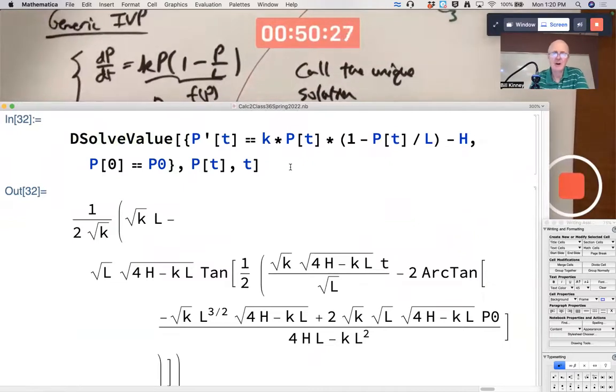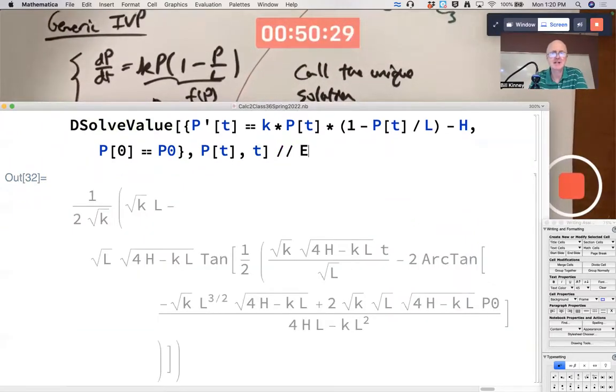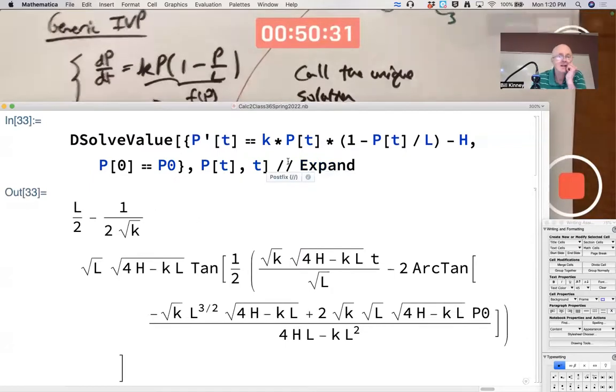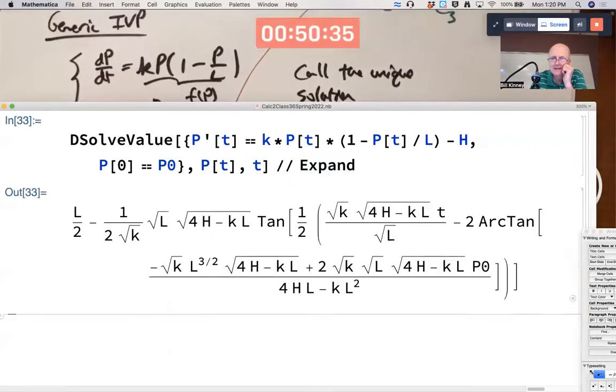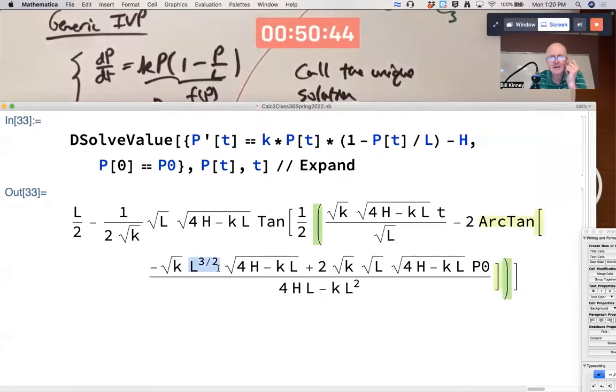Make it a tiny bit more pleasant looking by doing Expand. Yeah, not much more pleasant looking. Tangents and arctangents, are you kidding me? Lots of square roots, even a 3/2 power. Does it work? I think so. So it can even handle it with harvesting.